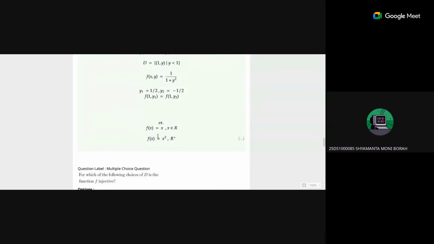To check if the codomain is equal to the range, then we say the function is onto, right? What are the criteria for the function to be onto? If the codomain is equal to the range, then we can say the function is onto.